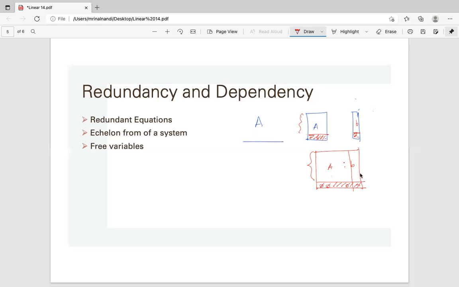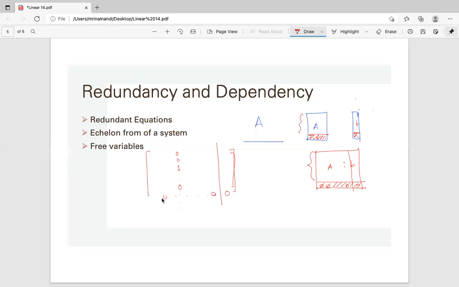Now, once we have an echelon form of this matrix, we have an echelon form of the system also. What will that be? That means if somewhere the leading 1 is there, all are 0 above the 1, something like that, and 0 rows are there. So if it is B, that 0 row must contain 0 also here.